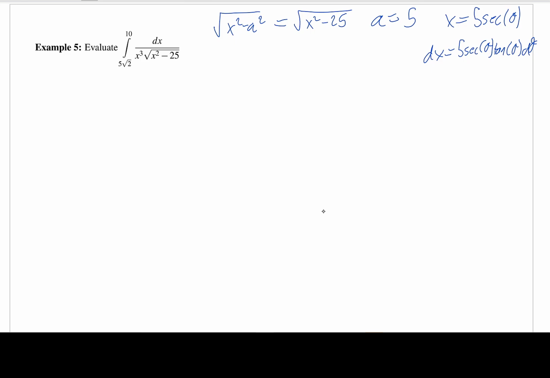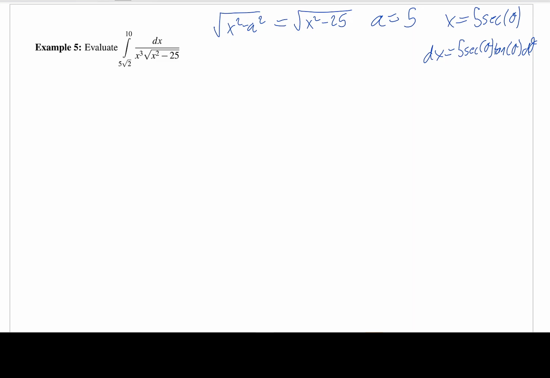Now, we've made this substitution of x equals 5 secant theta. These limits up here are for our x values. So if I'm going to be changing things to be in terms of theta, then those need to be plugged in to our substitution equation. Right? And they need to be plugged in for x.